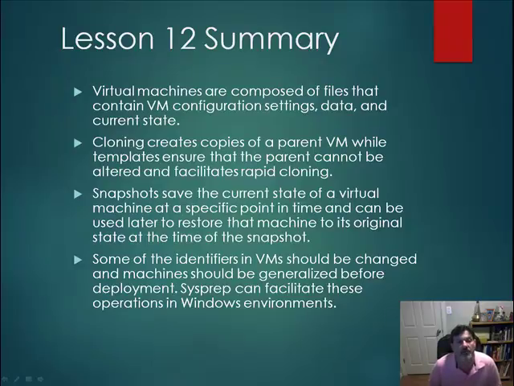Some of the identifiers in virtual machines should be changed. If you're going to be replicating those machines, things like the SID and UUID of the machines should be changed. Windows machines should therefore be generalized, and we can use Sysprep to facilitate that generalization if we're going to be deploying Windows in a Windows environment.